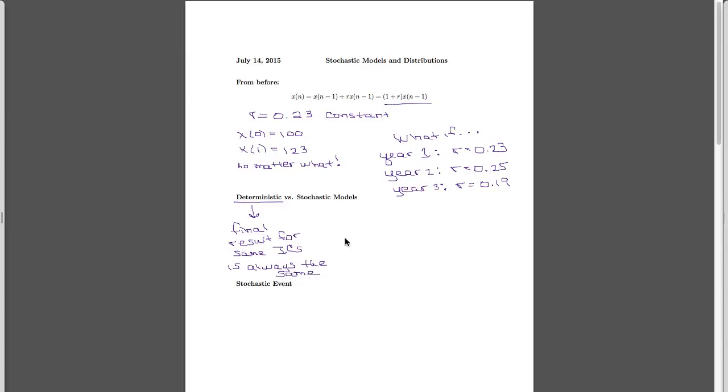So like I said, if you start with 100 salmon in a deterministic model where your growth rate is 23%, no matter what, after one time step you have 123 salmon. That's not going to change.